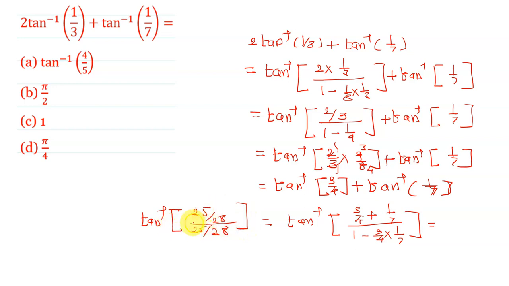Overall you will get 25 upon 28 to the numerator, that is tan inverse of 1. Okay, and tan inverse of 1 means what? Pi by 4, and hence option D is the correct one. This is the correct answer. Now the next question.